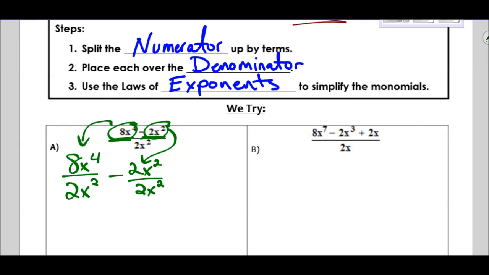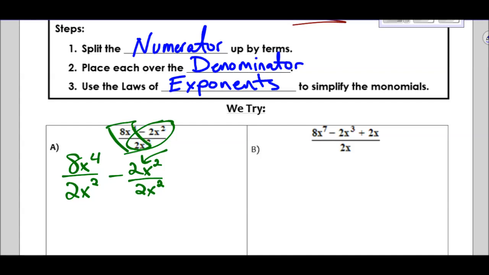There's a minus sign in between because there was a minus sign in between to start out with. That sign stays the same. I'm really just splitting this into two separate fractions, one fraction from that and one fraction from that. Then I simplify those fractions separately.